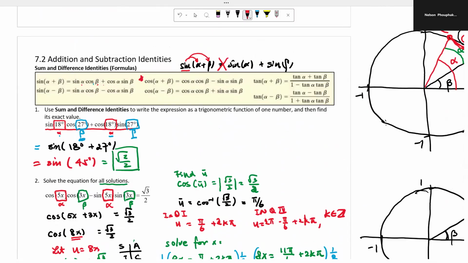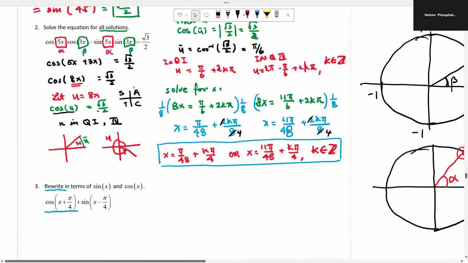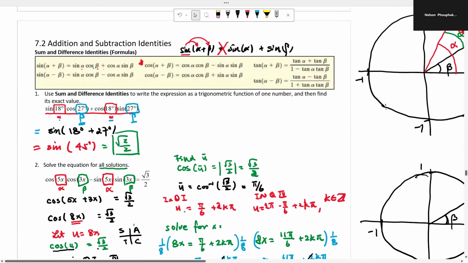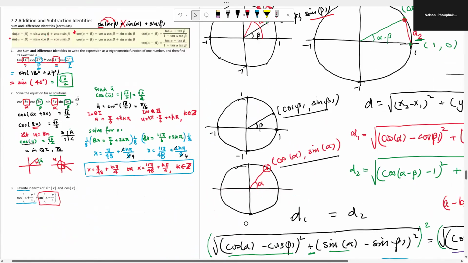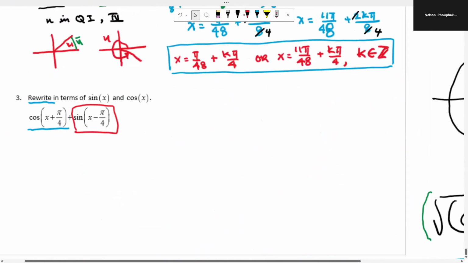I will use this one. And the second one, I will use this to help me finish the problem. Now let's see how we finish this problem.